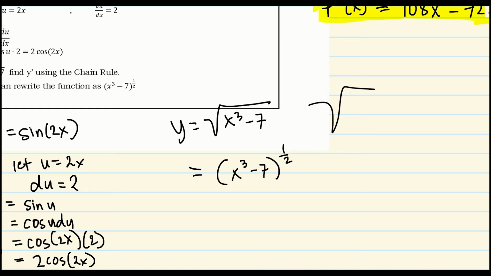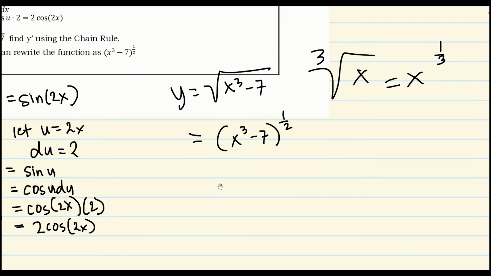If we have a cube root, it is also 1 over 3. It is a fraction in the exponent, a rational exponent.